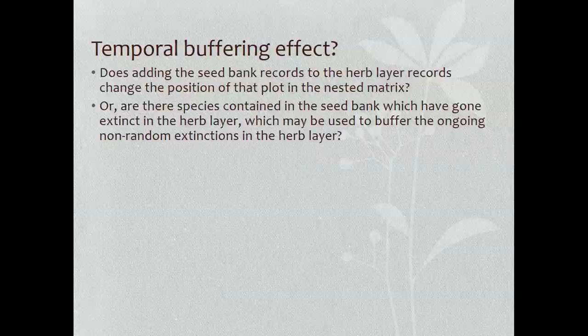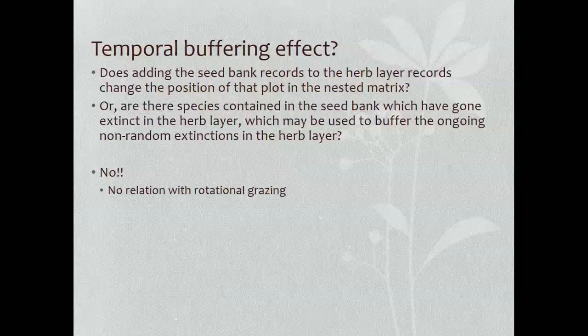If we then looked at the temporal buffering effect, if we redid the nestedness analysis, inserting the species occurrences in the seed bank, would it offset those species being lost above ground in the herb layer? And there we found no relation with the grazing network, which was a bad thing.